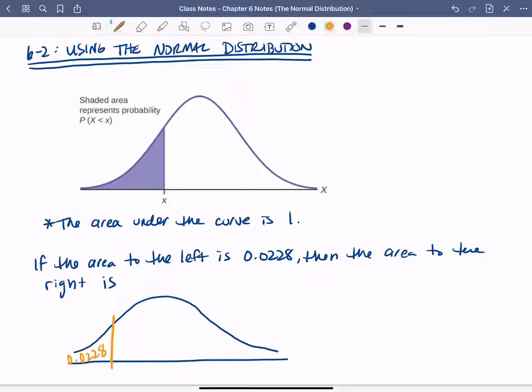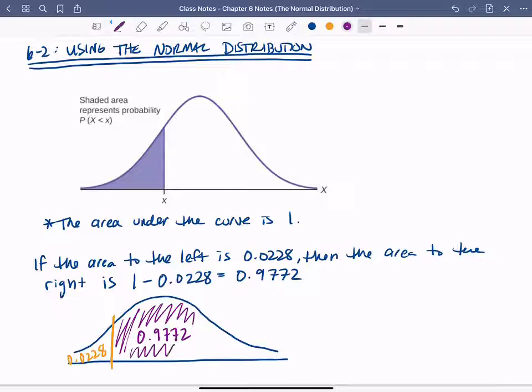Then what I'm going to say is I'm going to take 1 minus 0.0228. And this gives me 0.9772. So this area over here is 0.9772. Because it all adds to 1 underneath that curve.